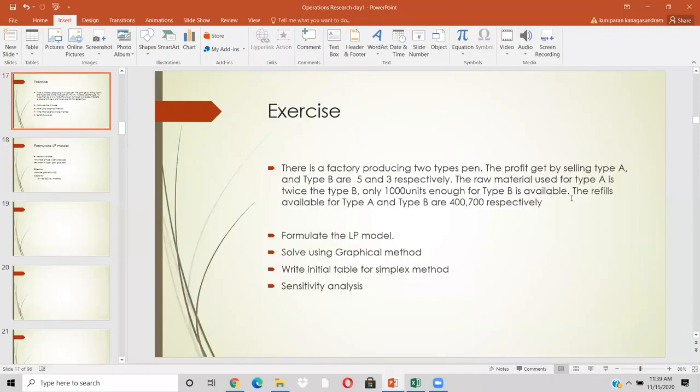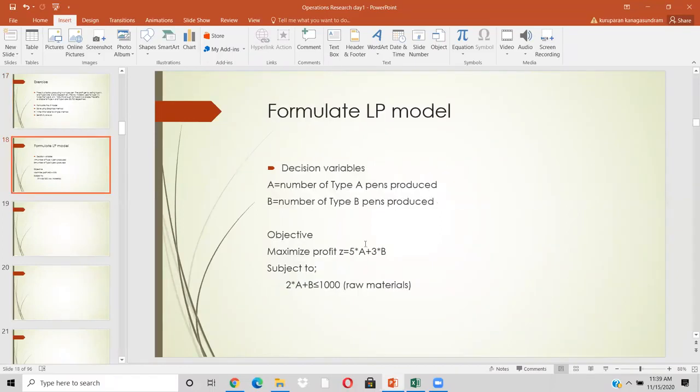Can you say for the refills how it will be? Greater than or equal, or less than or equal?